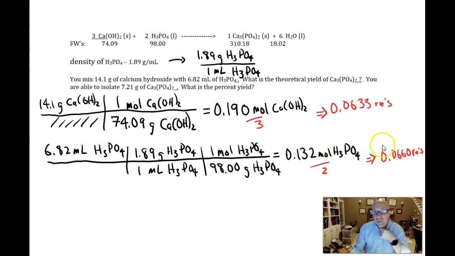We can now just visually compare these two numbers, and the one that has the fewest number of reaction equivalents is going to be the limiting reagent. By looking at these two numbers, we can see that this number right here is the smaller of the numbers, and that means that calcium hydroxide is our limiting reagent.